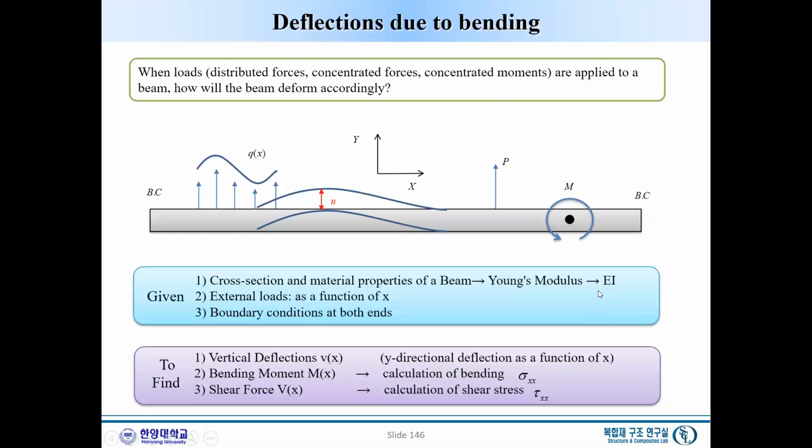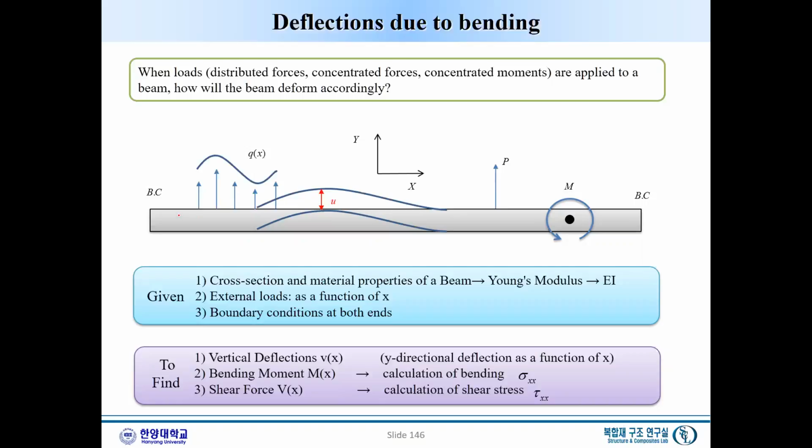Here is the beam. The beam case is much more complicated than any other structures, such as a bar and shaft. And a beam, again, is an extremely important structure supporting many different vertical loads.